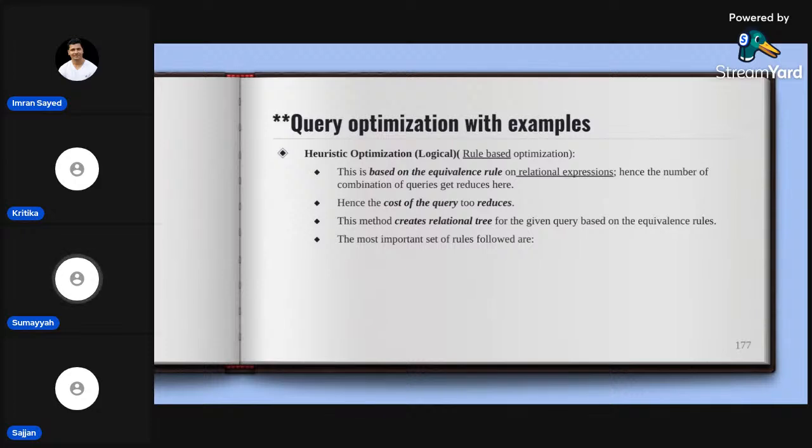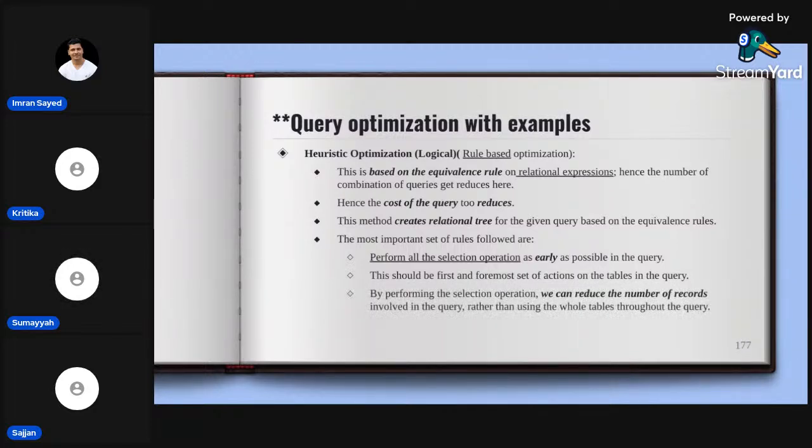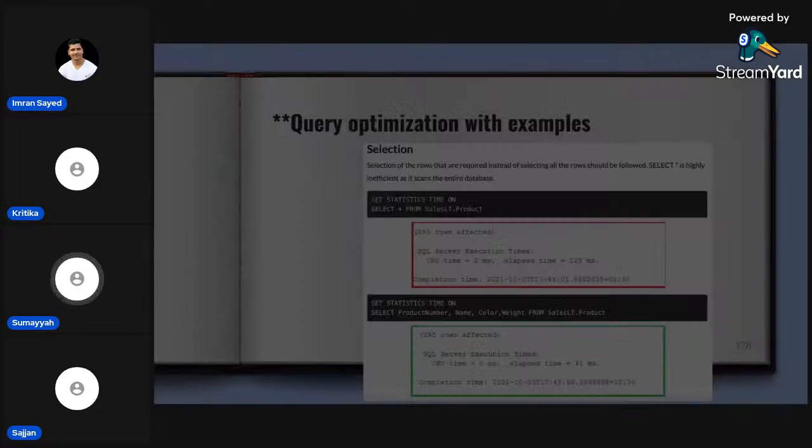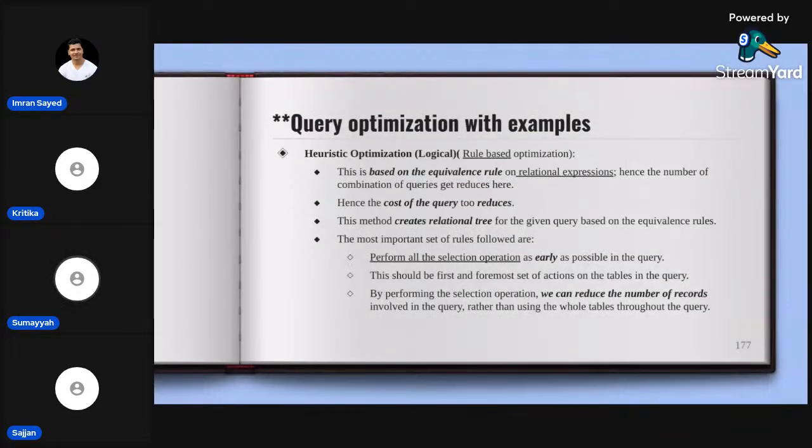The most important set of rules followed are: perform all the selection operations as early as possible in the query. This should be the first and foremost set of actions on the tables in the query. By performing the selection operation, we can reduce the number of records involved in the query rather than using the whole tables throughout the query.